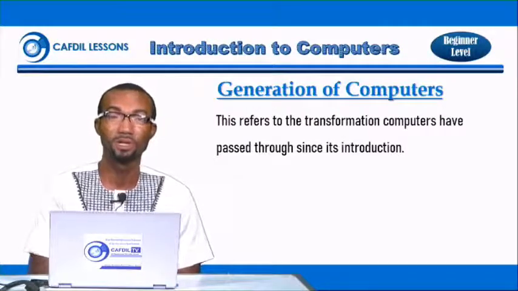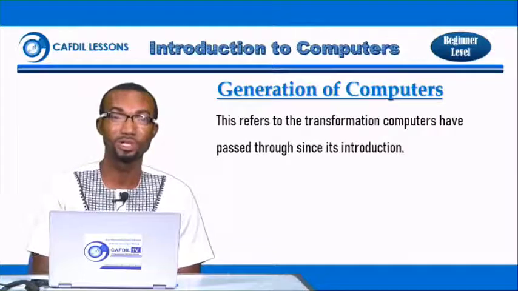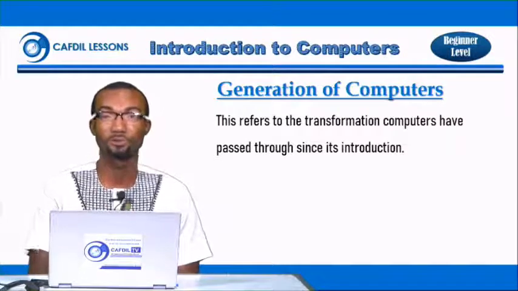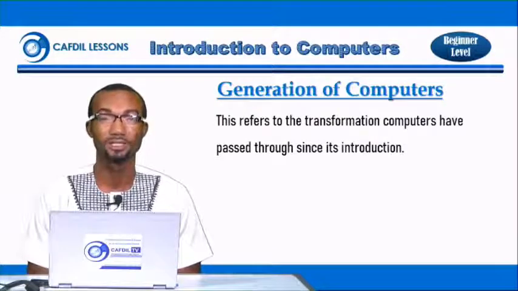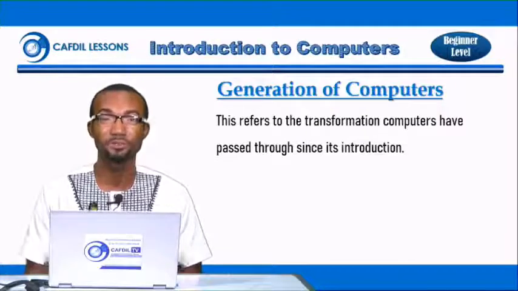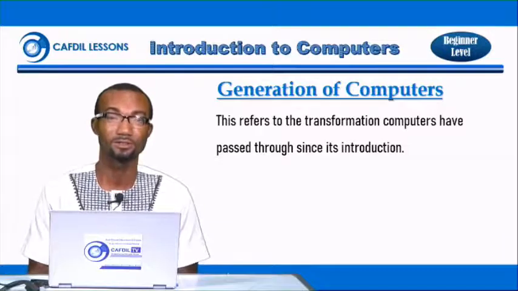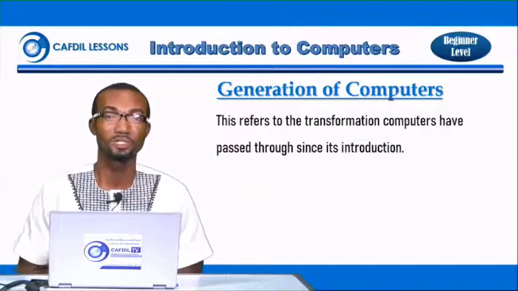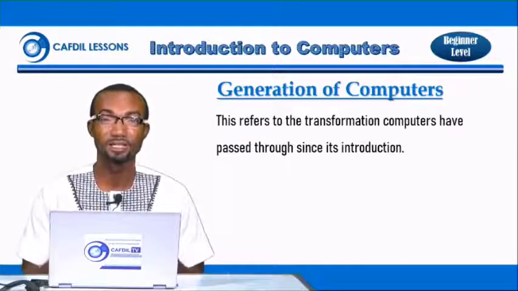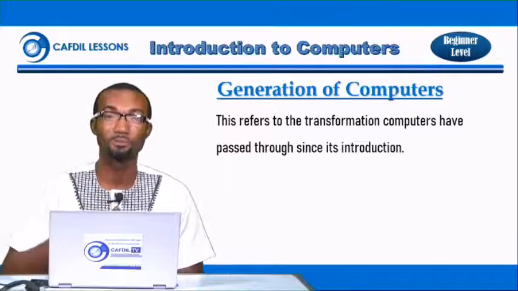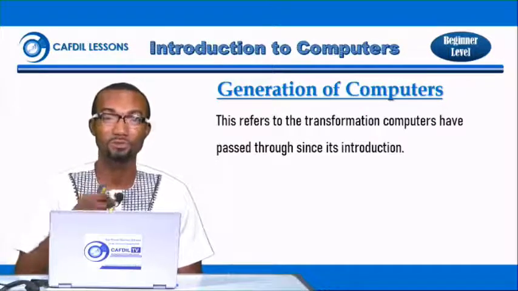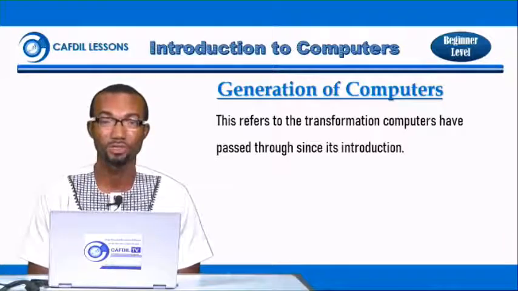We went through the land phone, the phone booth, and the ordinary cell phone before coming to the smartphone. The same way, computers that we see today started somewhere. So when we say generation, we are talking about the transformation computers have passed through since its introduction.